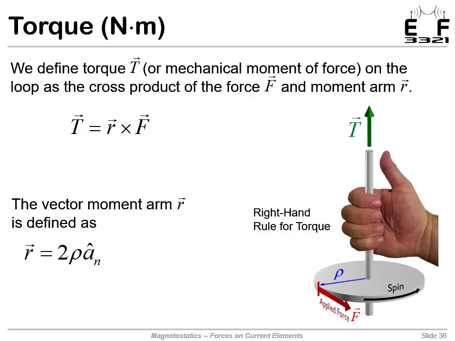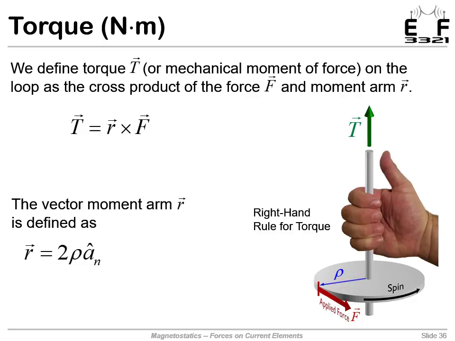And we will define torque as a vector that'll have its direction down the axis of that rotation, and is defined as R cross F. F being the force that we're applying out here at a distance rho from the center, and R is the vector moment arm. It's really characterizing how far out we are, and it's defined as 2 rho aN, where this is a unit vector pointing in this direction.